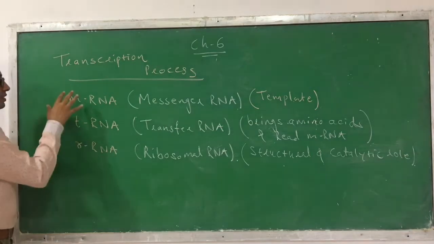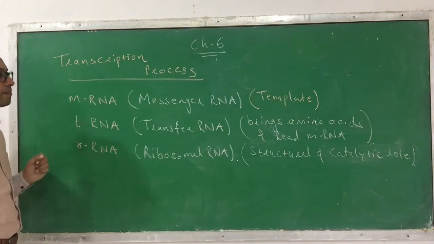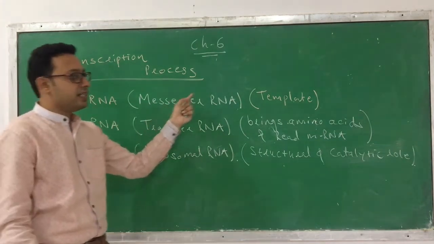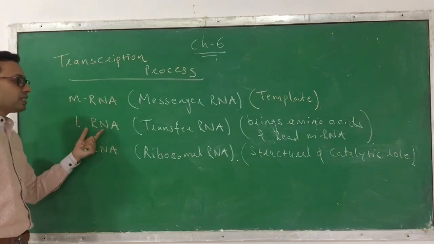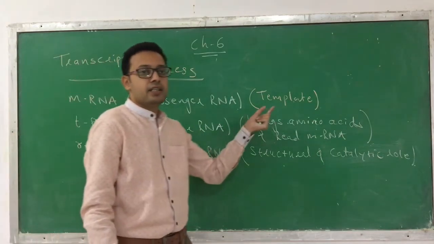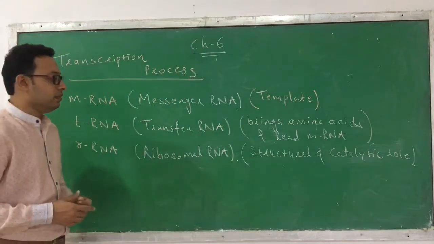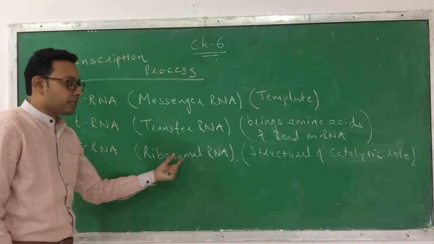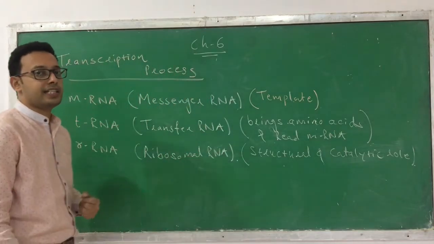In short, there are three types of RNA: mRNA, tRNA, rRNA. mRNA is the messenger RNA that provides a template for synthesis of protein. tRNA is the transfer RNA. It brings the amino acid and reads the sequences present on mRNA. rRNA is the ribosomal RNA. It plays a structural and catalytic role.